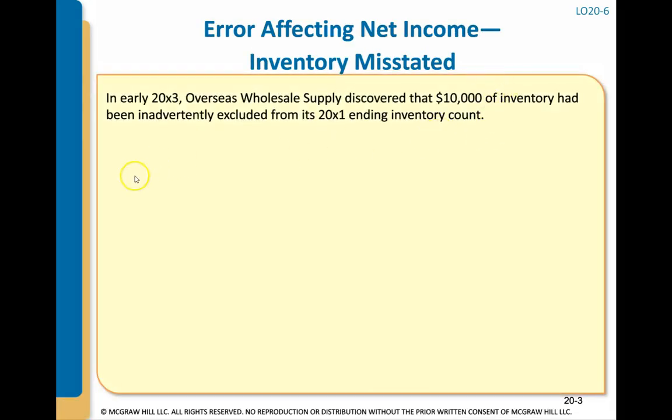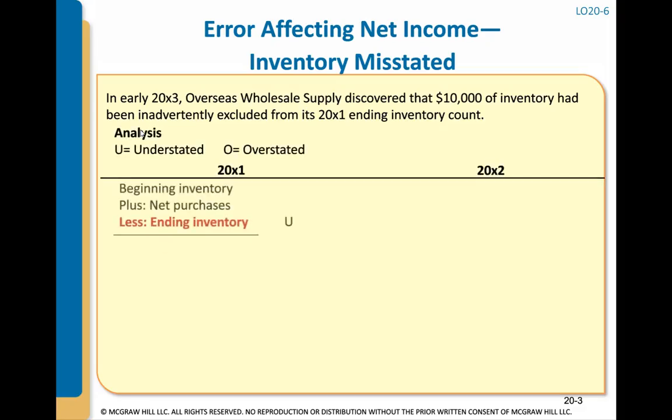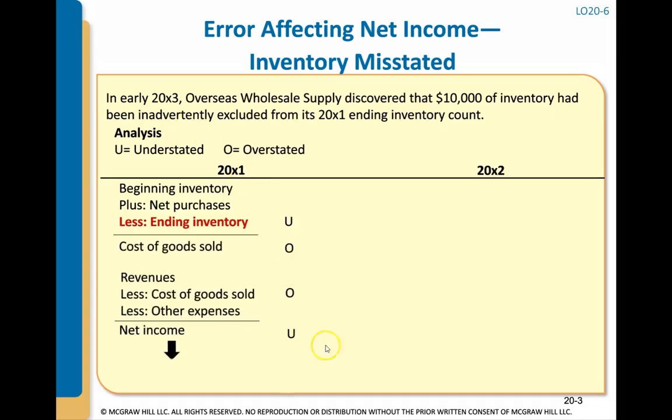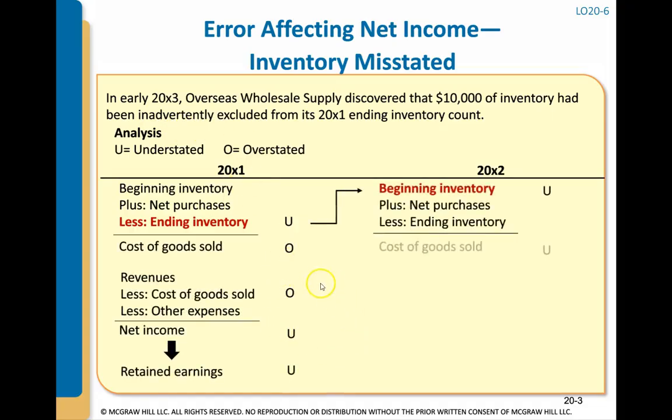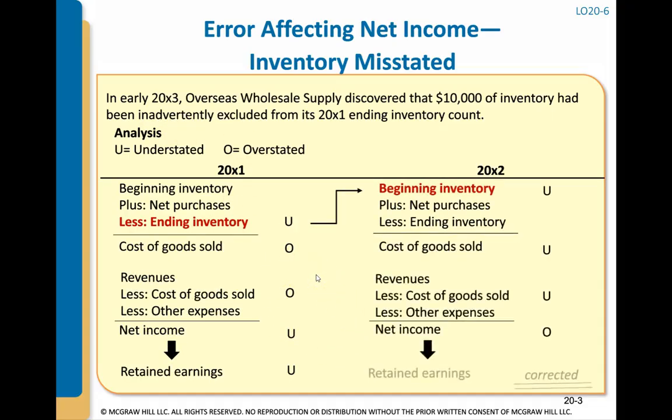We're going to go through an example and see how this works out. In early 20X3, Overseas Wholesale Supply discovered that $10,000 of inventory had been inadvertently excluded from its 20X1 ending inventory count. So this is an analysis of what happens when you have an ending inventory that is understated.